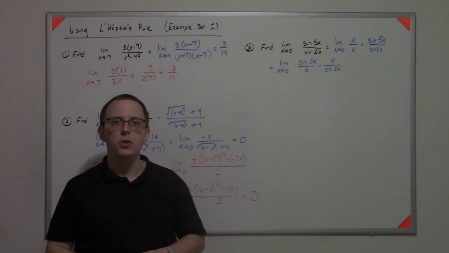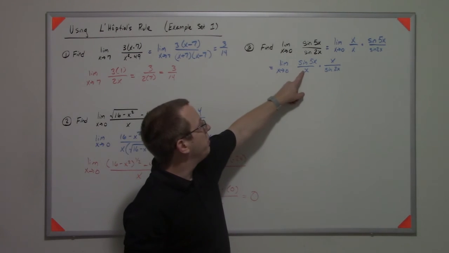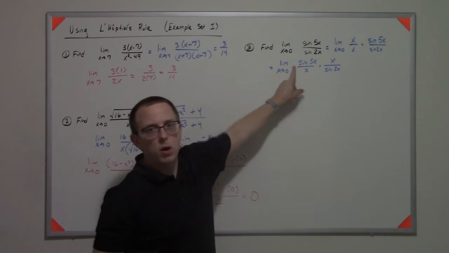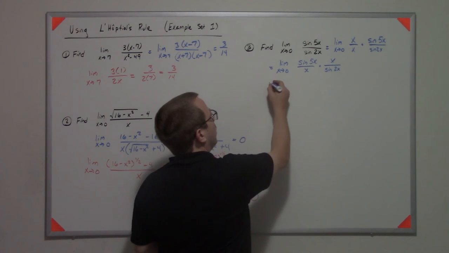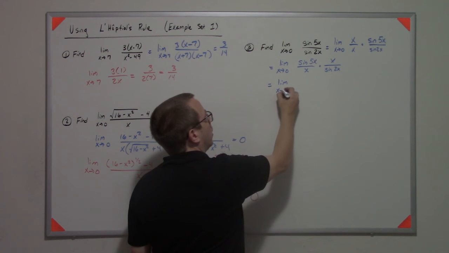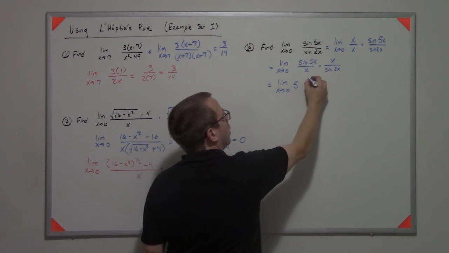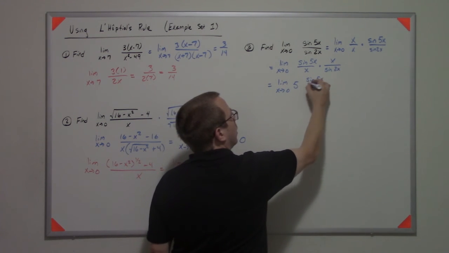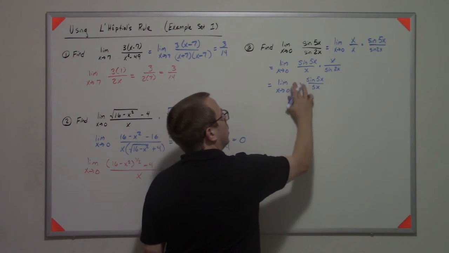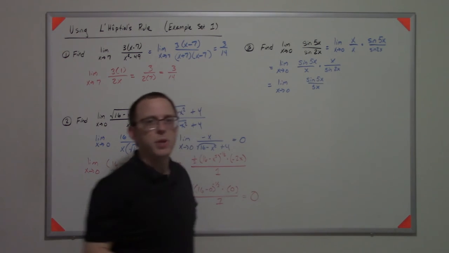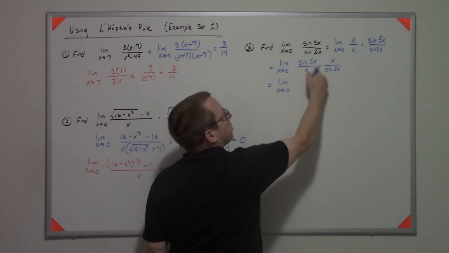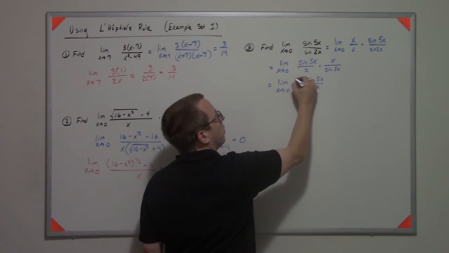And then what I'm trying to do is I really want this to be a 5x. So if I need a 5 on bottom, I need a 5 out front. And I really want that to be a 2x. So to have a 2x on top, I need a 2 on bottom.